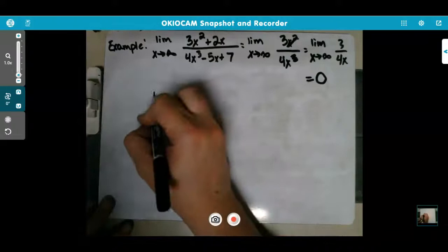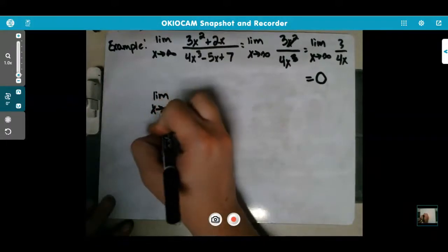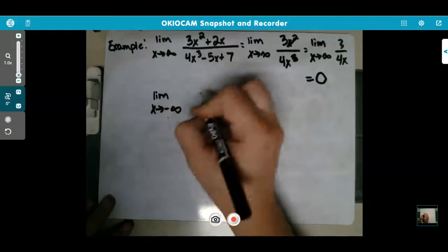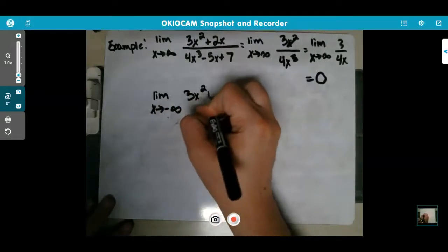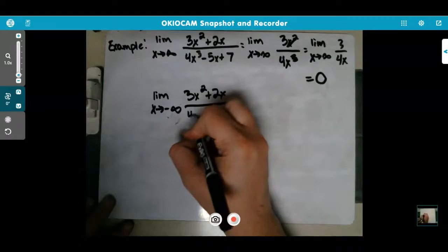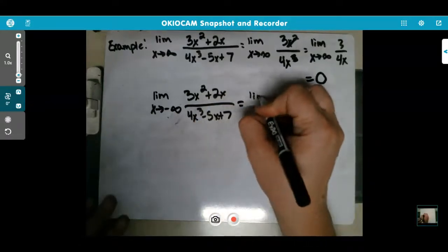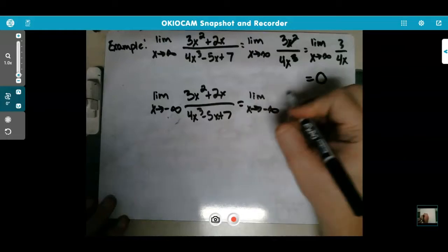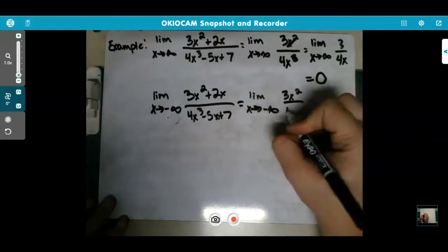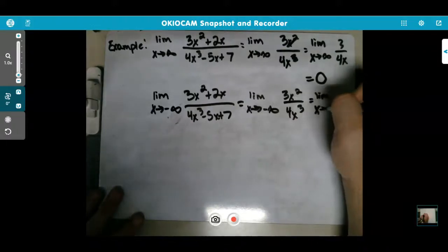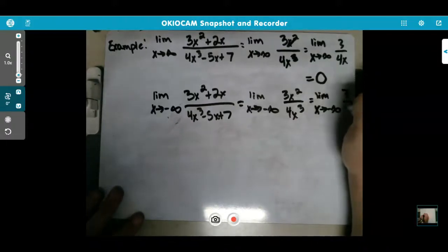If I'm looking at negative infinity, it works the same way. I'm just rewriting it. 3x squared plus 2x over 4x cubed minus 5x plus 7. Again, I only need the largest one. So 3x squared over 4x cubed, and we already know that reduces down to 3 over 4x.